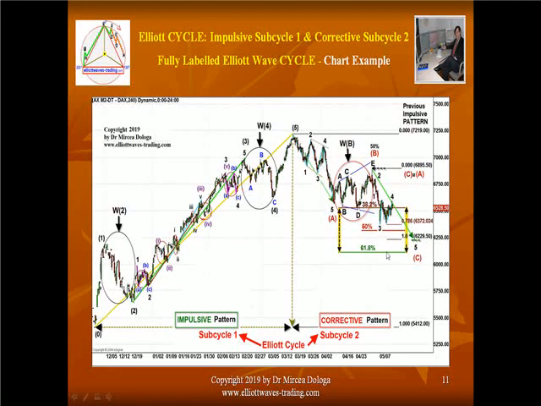And if we apply on the other side the Fibonacci ratio with the height of the entire previous impulsive pattern, we reach the 61.8%, which could be a second possible target.